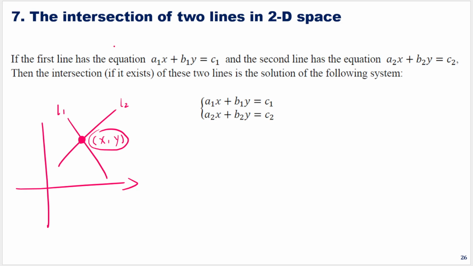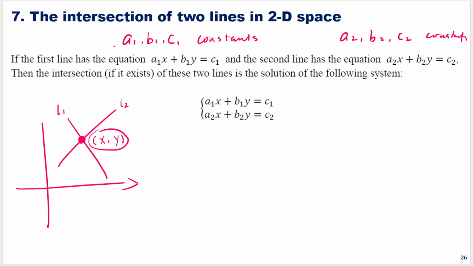If the first line has the equation a1x plus b1y equals c1, of course, here a1, b1, c1 are constants. And the second line has equation a2x plus b2y equals c2. Again, a2, b2, c2 are constants. x and y are variables, which means the x and y coordinates of any point on the line. All right? So they are variables, and a, b, c are constants.